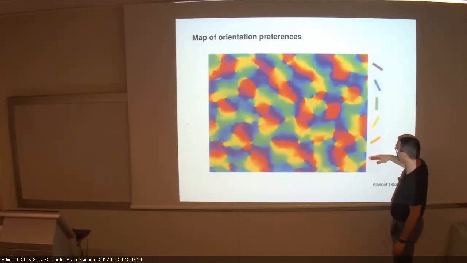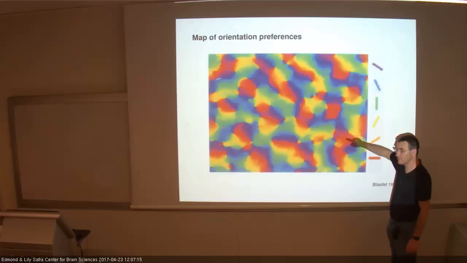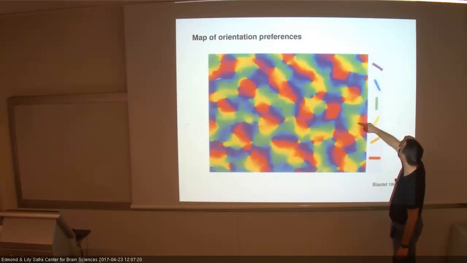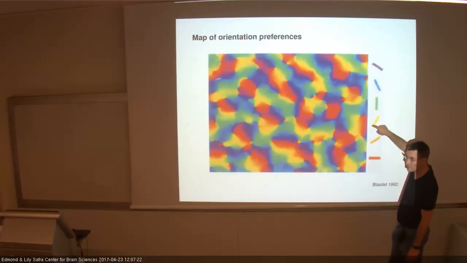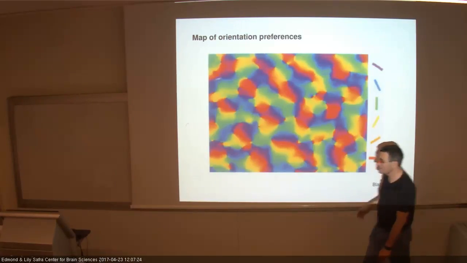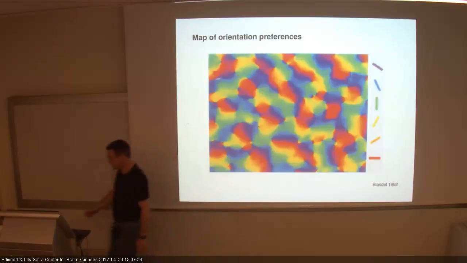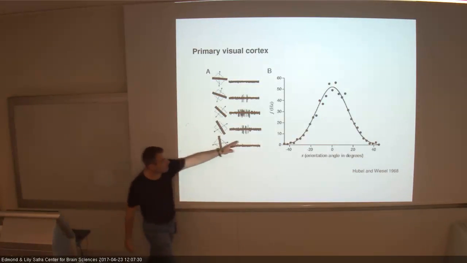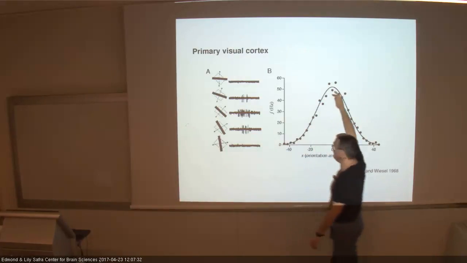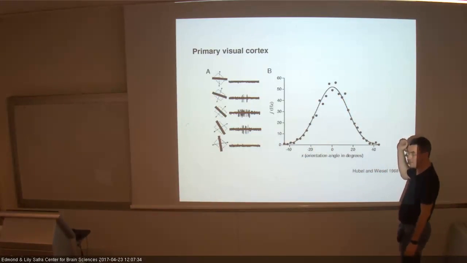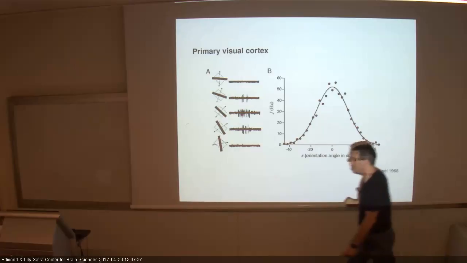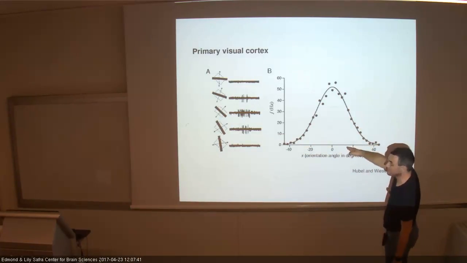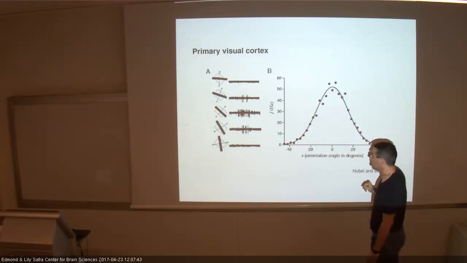And you find that in this region the response was highest for this orientation, whereas in this region it was highest for this orientation. And the idea is that what's underlying the behavior of the underlying neurons is something like this: each neuron has its own preferred orientation. So the preferred orientation here is around 0 degrees.